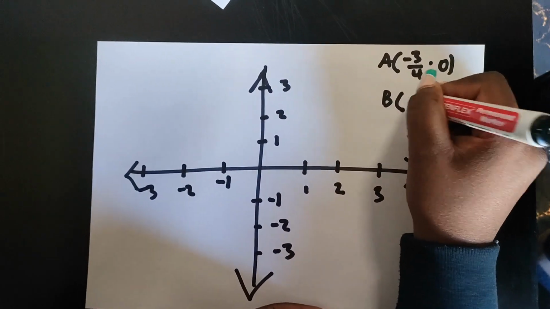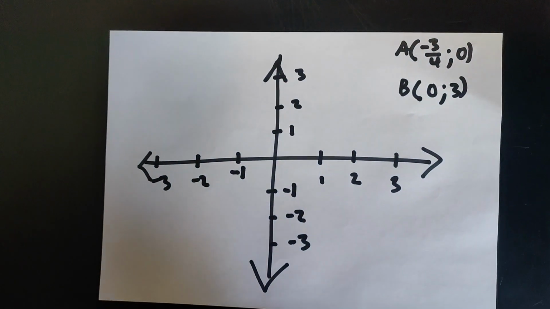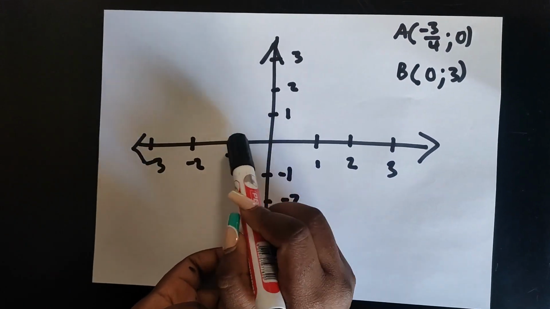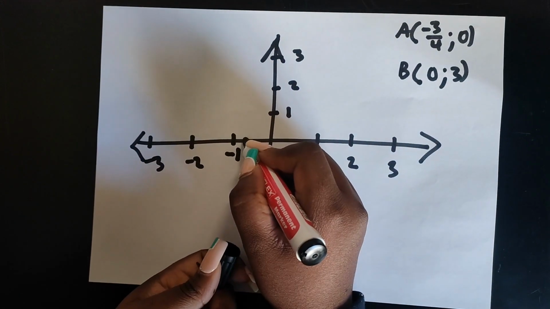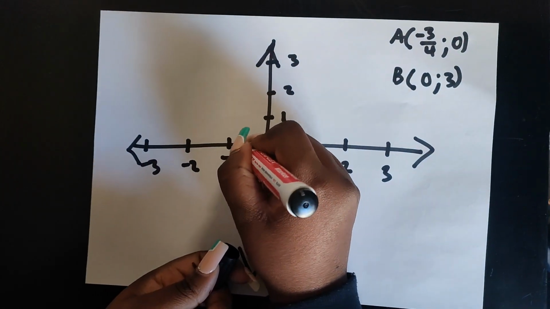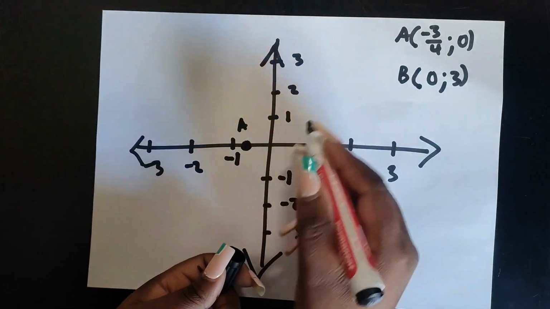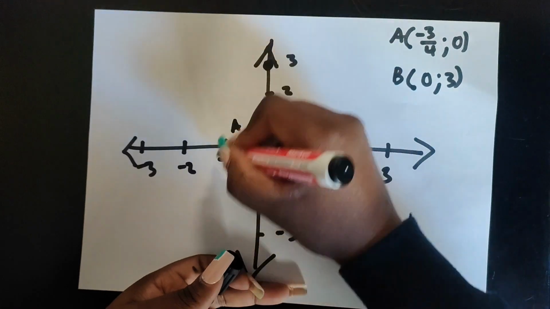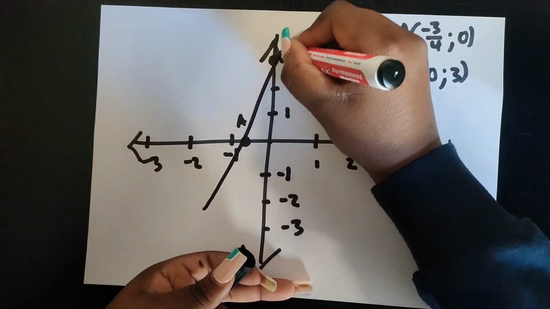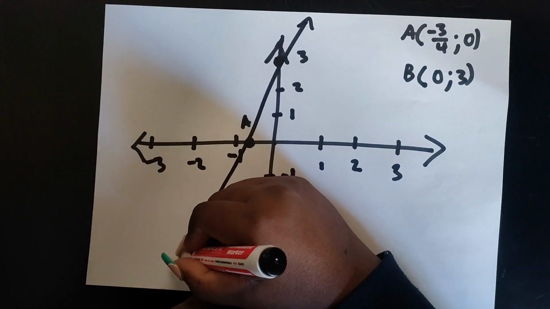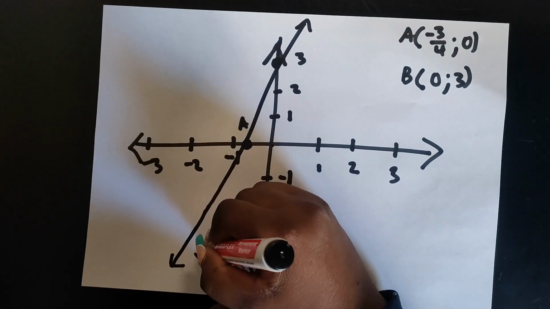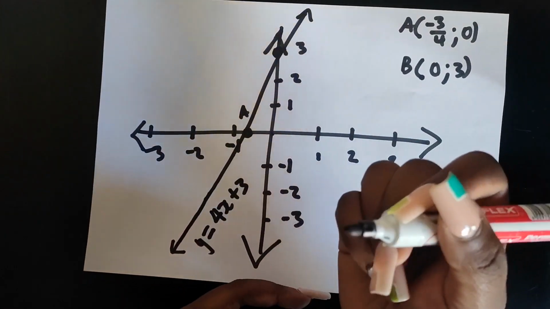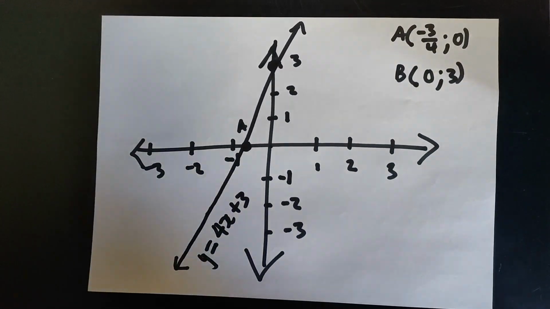Our point B is 0 and 3, right? So negative 3 over 4 is somewhere between 0 and 1, so it's somewhere here. And then y is 0. So that's point A. Point B is when x is 0, y is 3. So we're going to now draw this. Y is equal to 4x plus 3. So that is how you plot this graph.